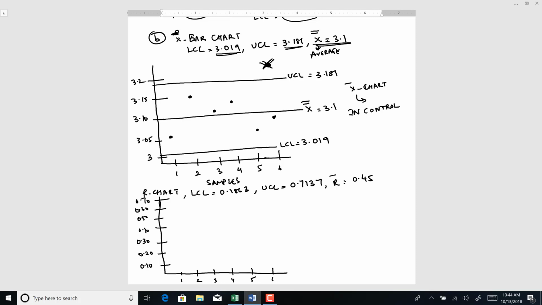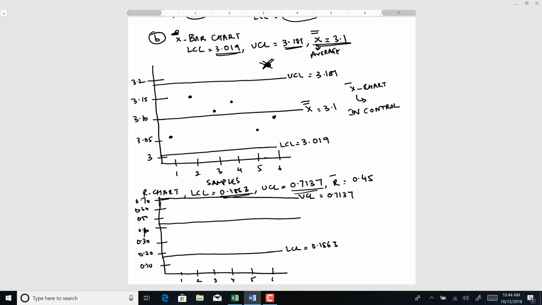My lower control limit is 0.1863, which will lie somewhere here. Upper control limit is 0.7137, which will be somewhere here, and my mean is 0.45. So this will be R bar.